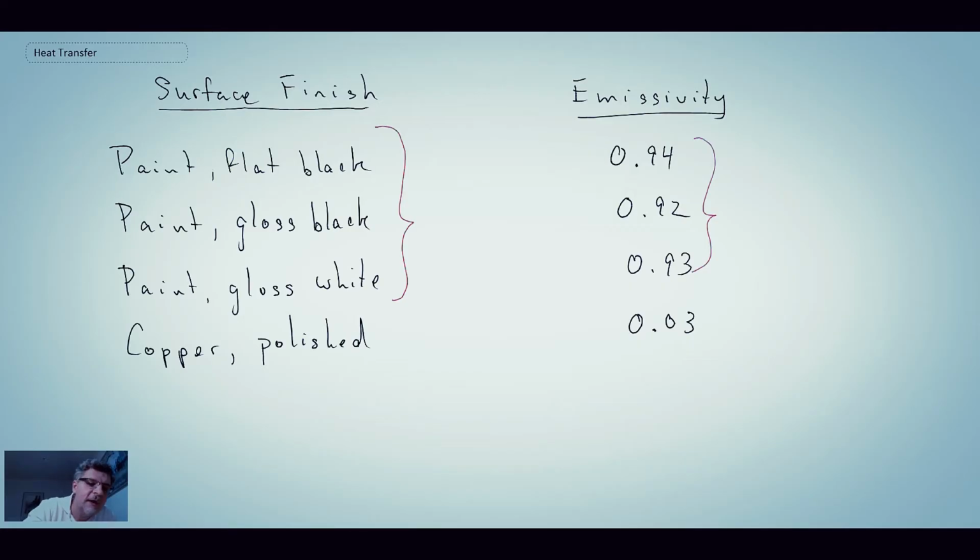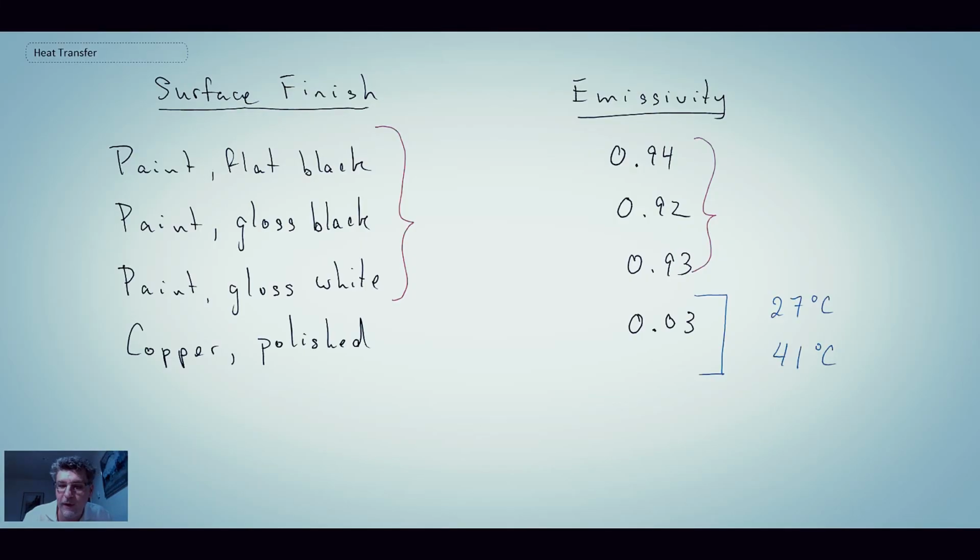Now when we look at polished copper, however, it has a really, really low emissivity, and consequently that's also why we were measuring a very low temperature with the IR camera. I think it was around 27 degrees C when it should have been around 41 degrees C. Now, I didn't have perfectly polished copper for the cube that I showed you.